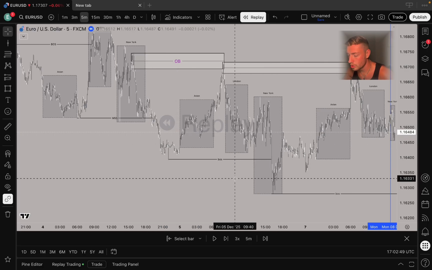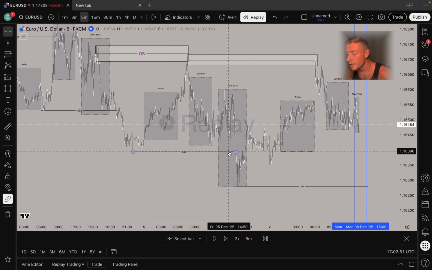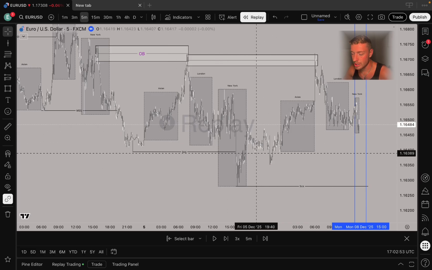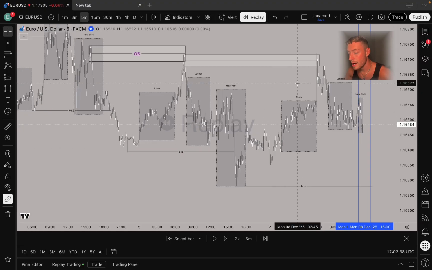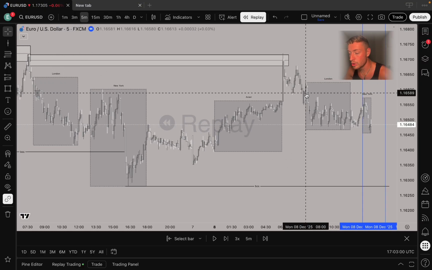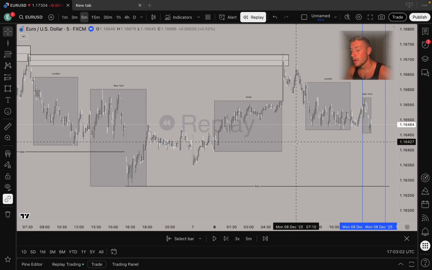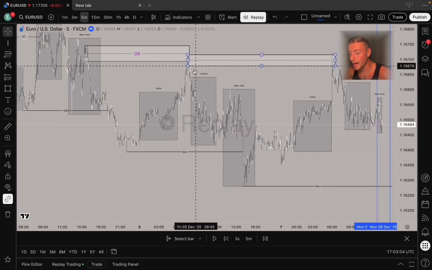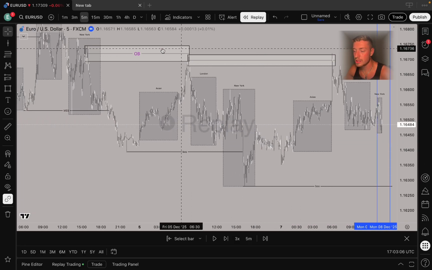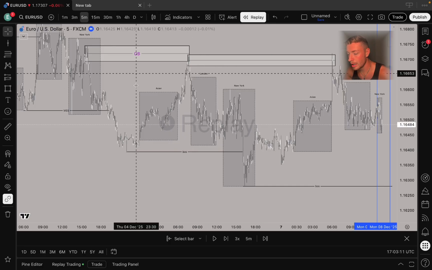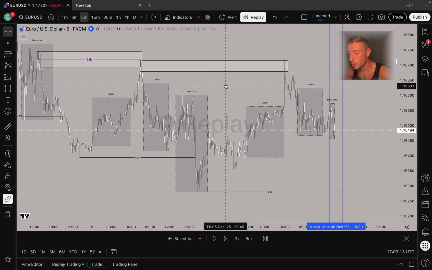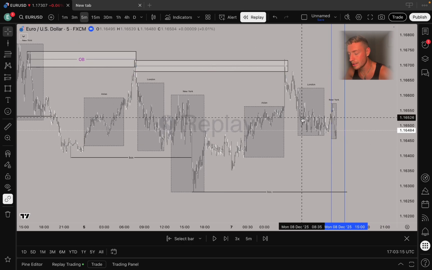So after this, New York's come in, and then the day after, obviously it's outside of our window, we've retraced all the way back up through our Asian. Now we only step on the chart at 8 a.m, which is London open. But what happened was we retraced back into another order block, and this goes into mitigating order blocks, which we do have a video coming about soon. But as of right now, we mitigated this order block, and then we had another reaction back down throughout London.